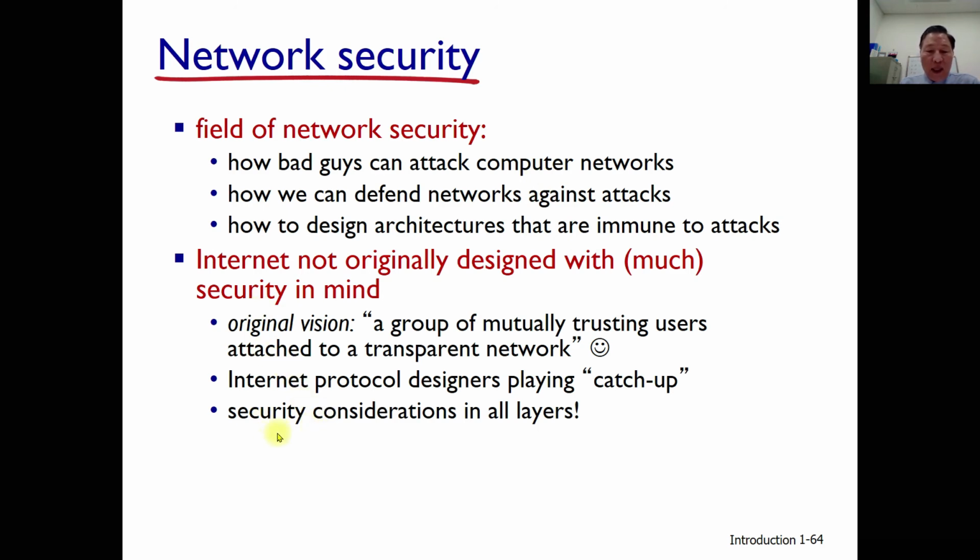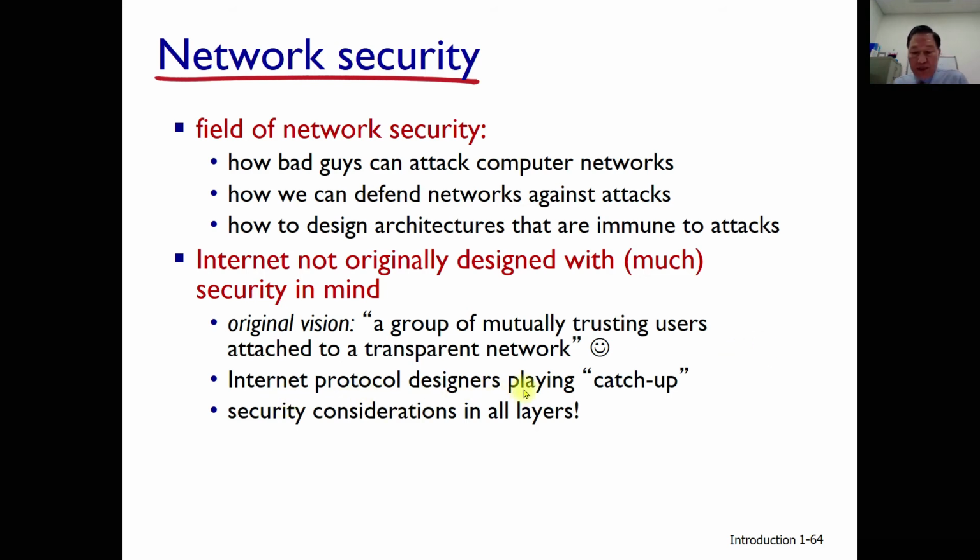Actually, when the internet was originally designed and developed, security was not considered at all. Thus, the internet was not originally designed with security in mind. The original vision was simply a group of mutually trusting users, mainly engineers, trying to develop this simple networking scheme, attached to a transparent network to simply send files and mail and so on.